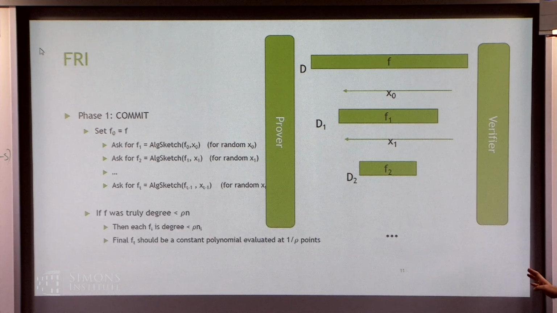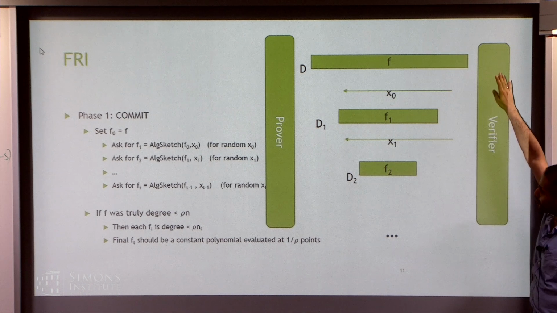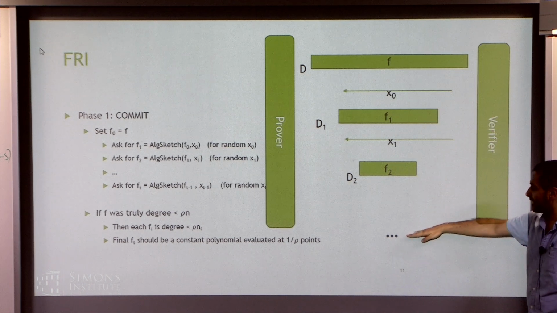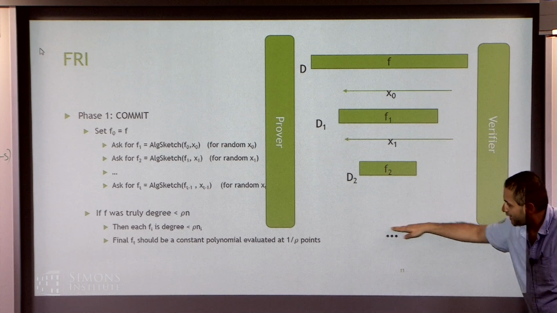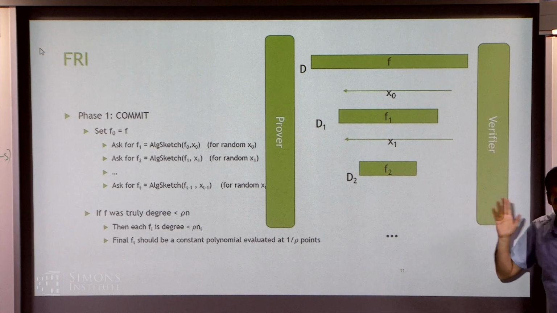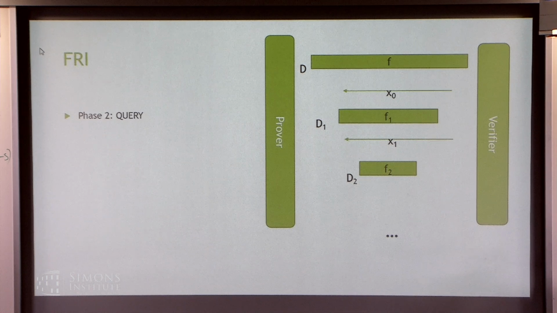Good. Now the query phase, to check that what the prover wrote is actually okay. The observation was that if you started with a low degree polynomial with degree rho n, this would be rho times n over 2, rho times n over 4, etc. At some point, you would get a constant degree 0 polynomial evaluated at a bunch of points, and you have to make sure that they're all constant at the end. That's what we're hoping for at the end. Okay, so now the query phase.